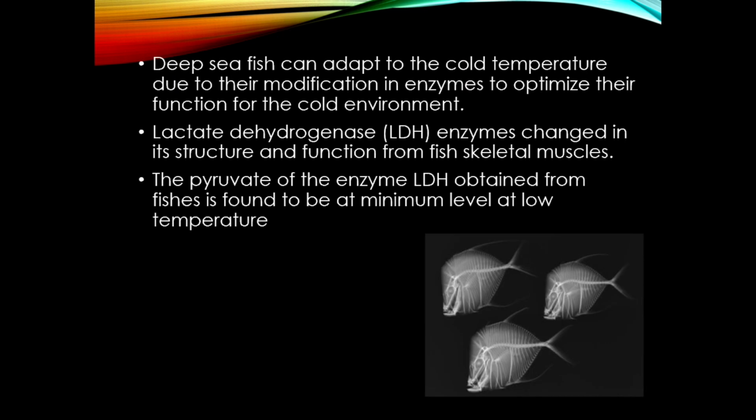Deep sea fish can adapt to the cool temperature due to modifications in enzymes to optimize their function for the cool environment. The enzyme is called LDH, lactate dehydrogenase. The pyruvate of the enzyme LDH obtained from fishes is found to be at a minimal level at low temperature.